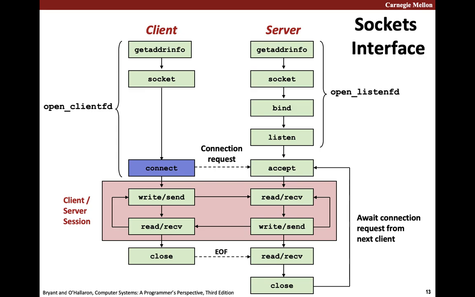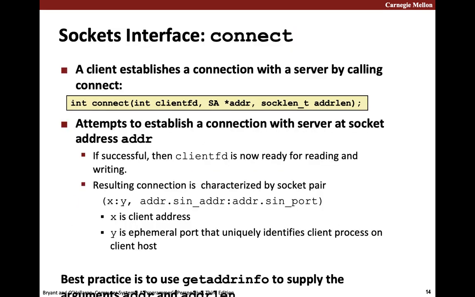side. Now this dashed line is just meant to say that connect on the client side corresponds to accept on the server side. Connect, which we've already done some examples of, on the TCP side, we're going to call connect on this file descriptor, the socket descriptor that we've already created.